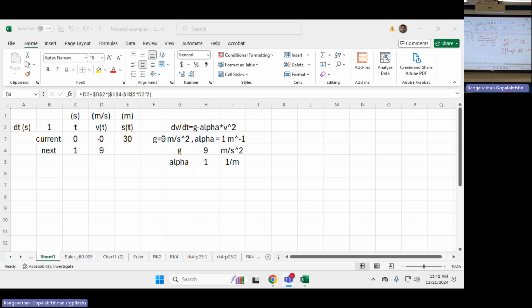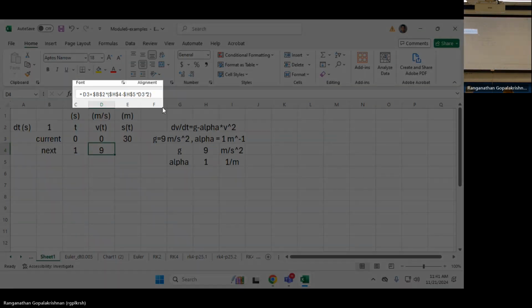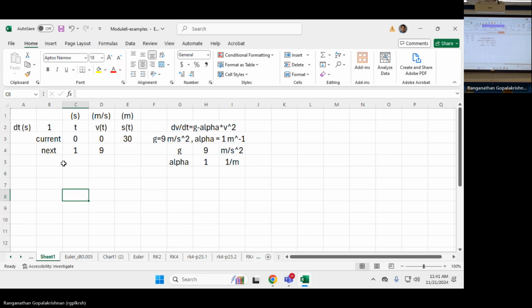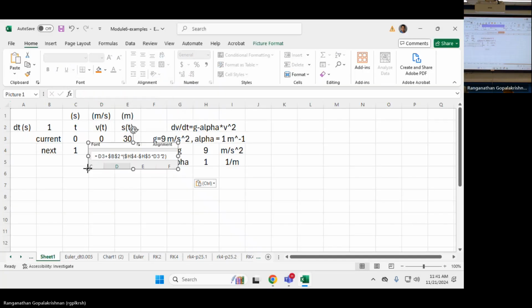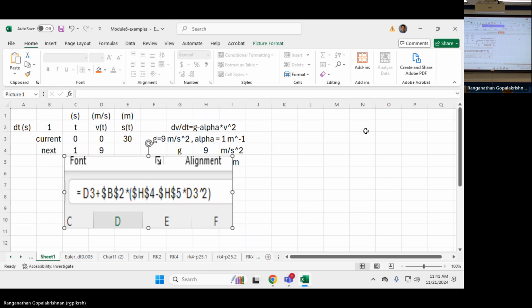So if I show you my formula here, I take the previous cell plus dt multiplied by g, which is a constant, minus alpha constant times v squared, 0 squared.